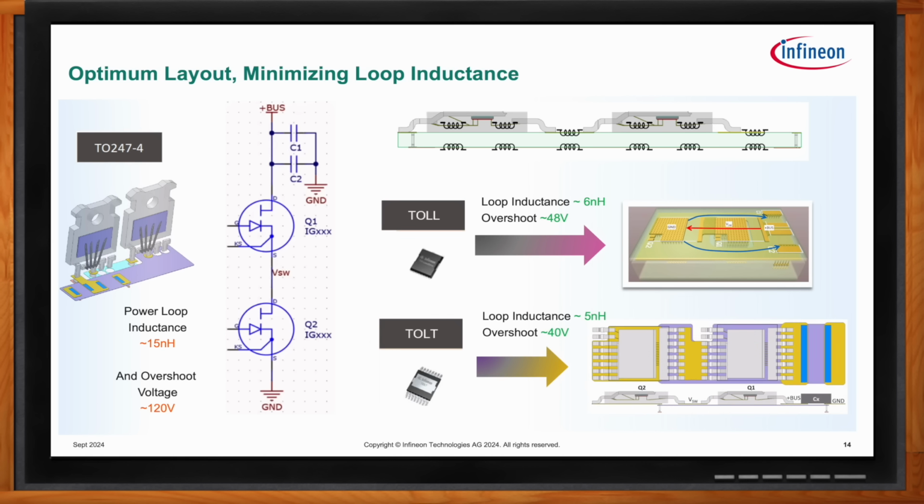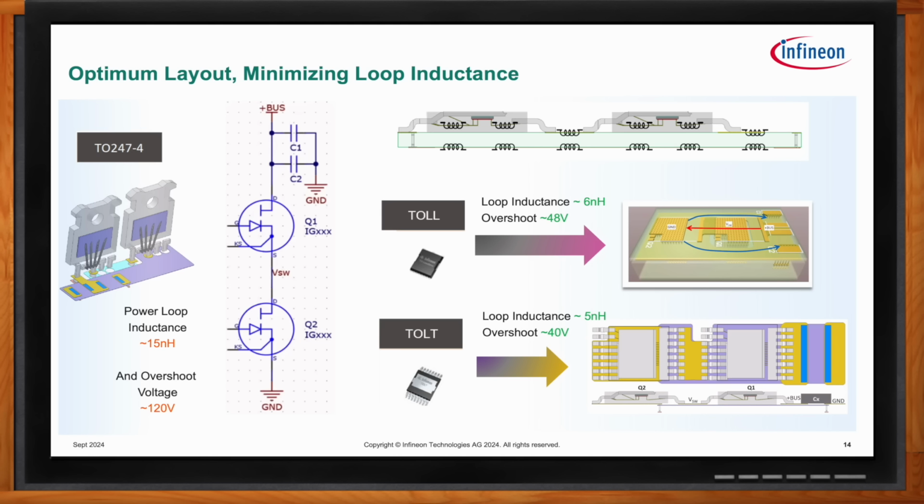Here are two examples, one using the bottom-cooled TOLL package and another using the topside-cooled TOLT package. In both cases, the loop inductance is considerably reduced. For example, in the case of the TOLL, it's only 6 nanohenry, and in the case of the TOLT, 5 nanohenry.